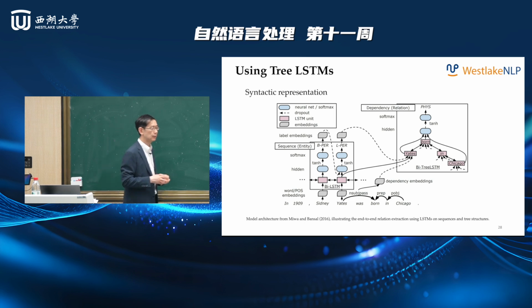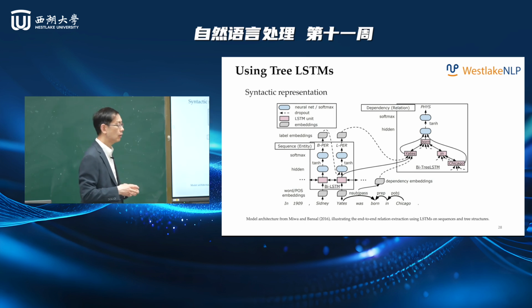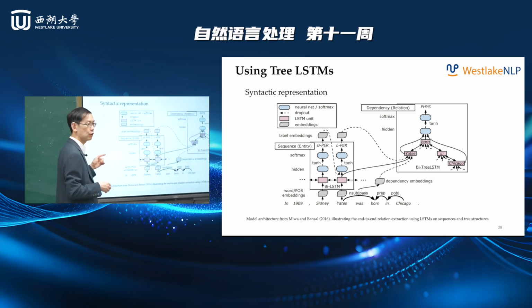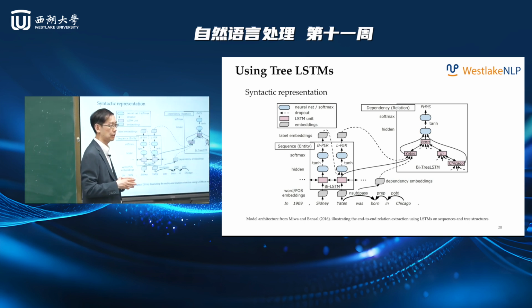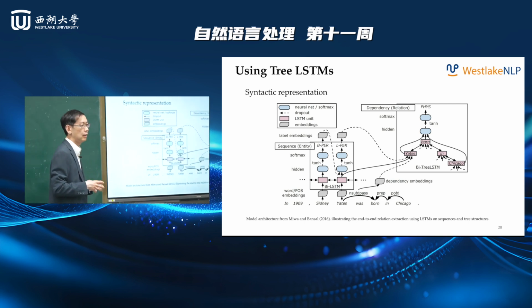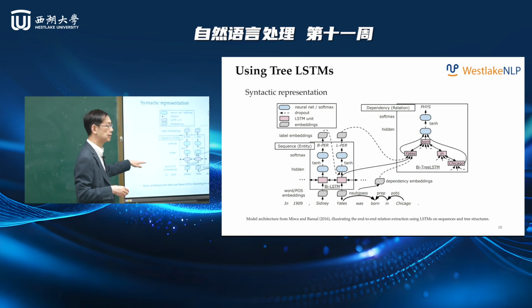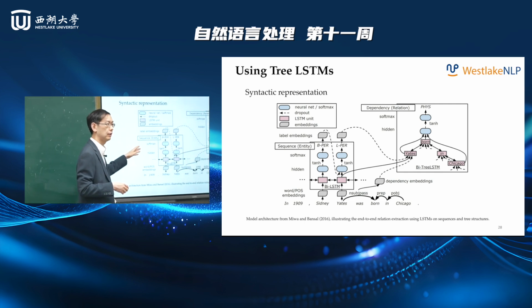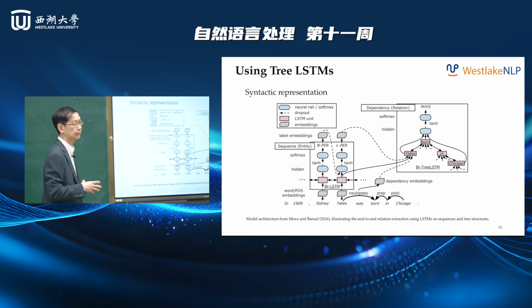So how do we further add tree information? Now it turns out that the dependency tree is super helpful for relation extraction, okay? Even in the neural age. So we can parse the sentence into a dependency tree, okay? So on top of the sequence representation, we can further calculate the tree representation.